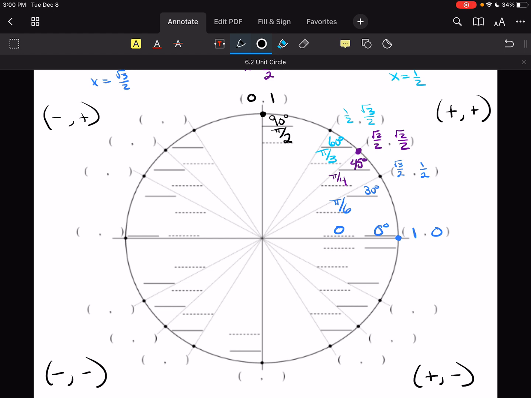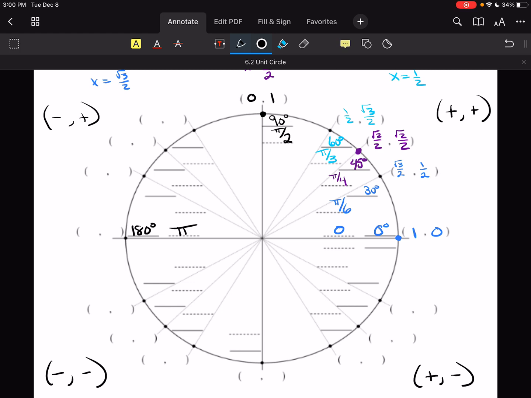So I'm going to add another 90 degrees, and that's going to put me at 180. And to get the radian measure that goes with that, I'm going to add a pi over 2, because pi over 2 is 90, right? So pi over 2 plus pi over 2 would be 2 pi over 2, which gives me pi.